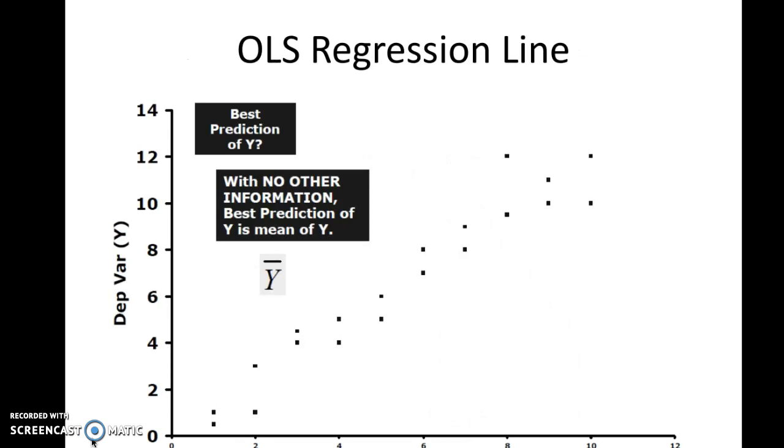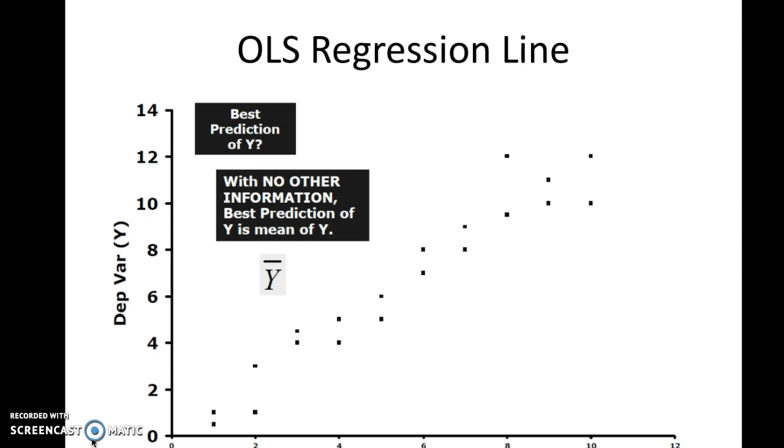So again, if all we had was a bunch of pieces of data from organizations, a bunch of dependent variables, like maybe we had a survey that went out to all these organizations asking, what's your budget? And that's all we had. And then we wanted to approach another organization and ask, how could we predict their budget? But all we have is the budgets of all these other ones. With no other information, the best prediction of y is the mean of y, or we call it y bar.